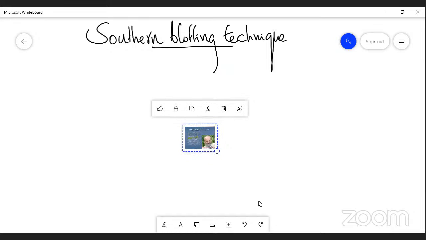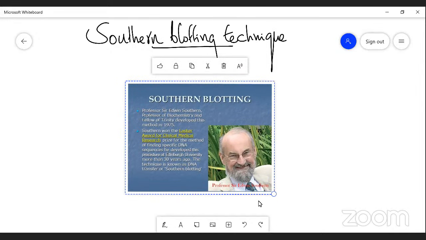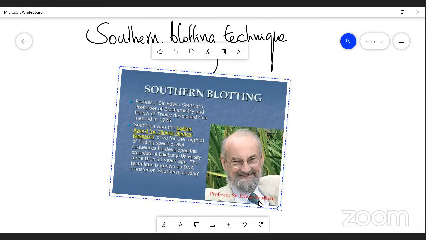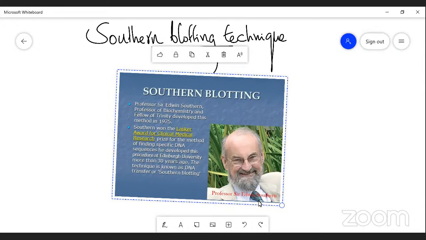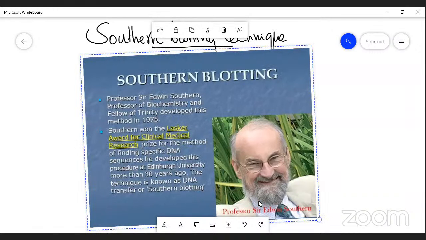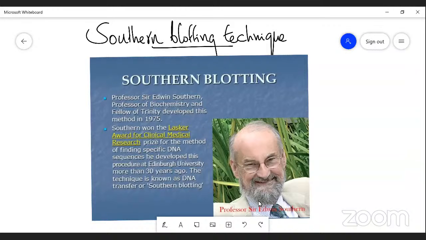He is the man who discovered the southern blotting technique. He is a professor in the biochemistry department, and he got a fellowship from Trinity, and developed this technique in the year 1975. In addition, he has also been honored with an award for clinical medical research for his method of finding a specific DNA.